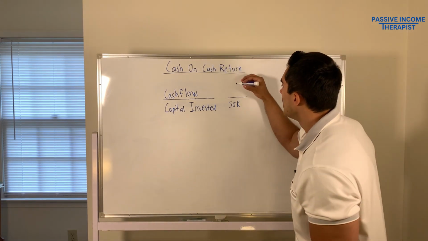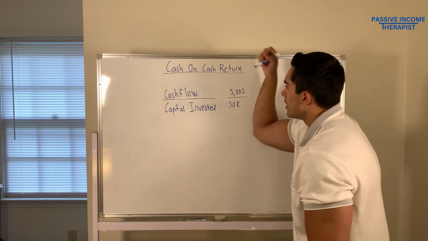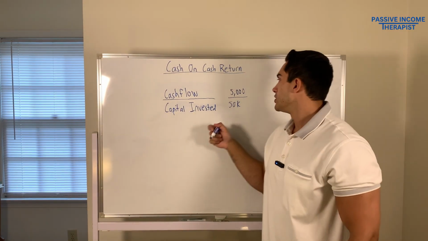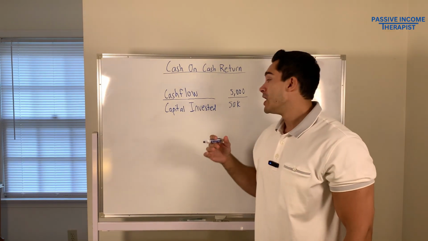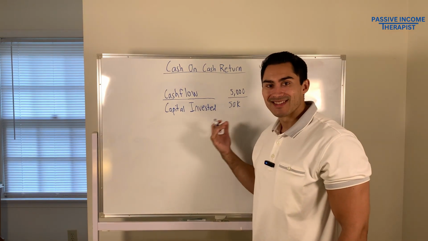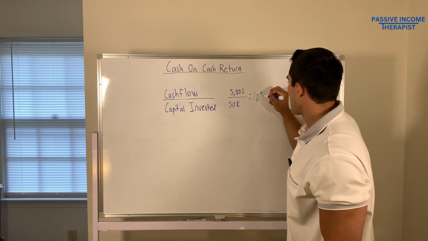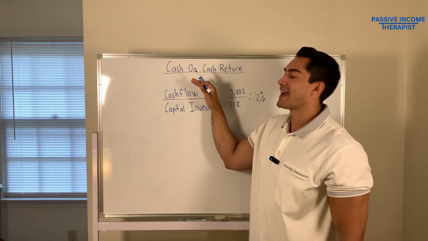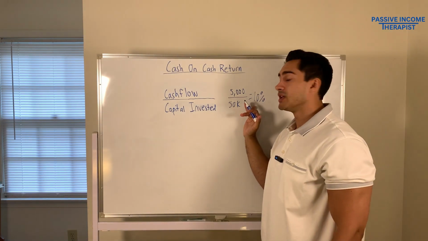So say for the first year of distributions and cash flow for that property, you're going to receive $5,000. To put this in action, $5,000 divided by $50,000 is going to be 10%. So overall, your cash on cash return, at least in year one, is going to be 10%.